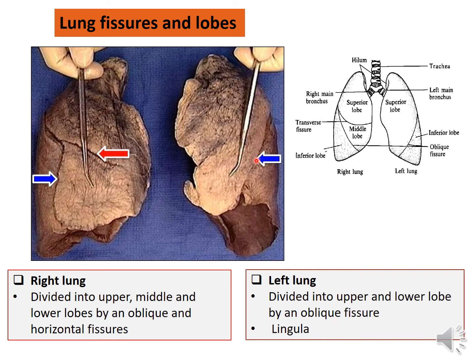But on the left side there is only one fissure, the oblique fissure, which divides the left lung into the upper lobe and lower lobe. The upper lobe, in the lower part, presents a tongue-like projection. As you see in the picture, this is a tongue-like projection located just below the cardiac notch. So this projection is called the lingula.